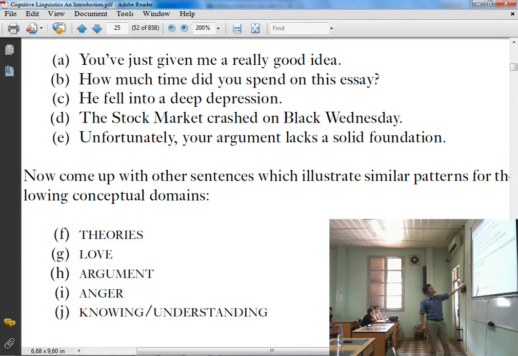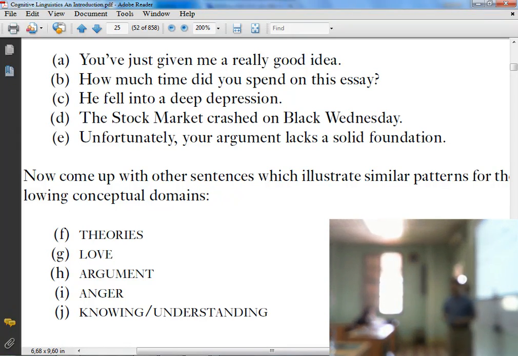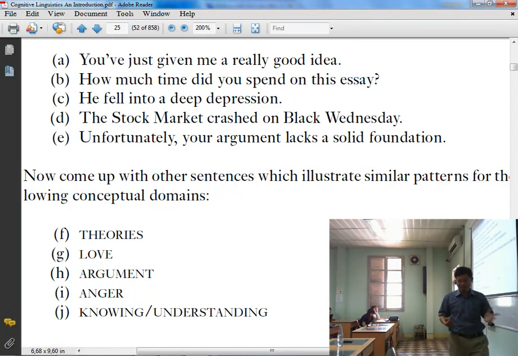Come up with other sentences which illustrate a similar pattern for these abstract conceptual domains, like theories. For example, last week we discussed four tenets of cognitive linguistics. So what are tenets?